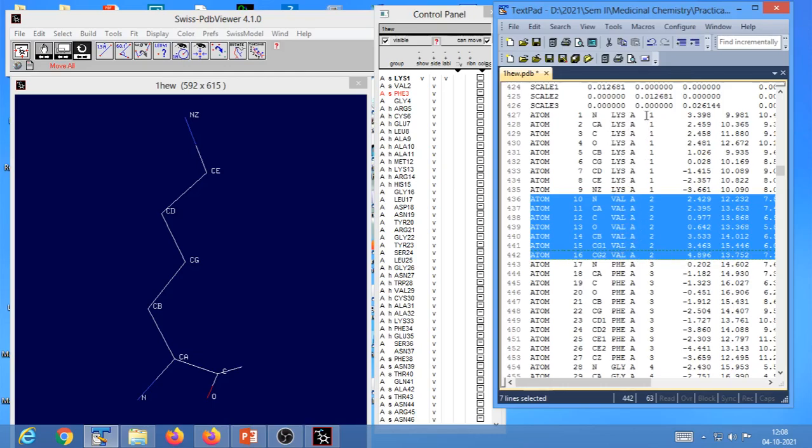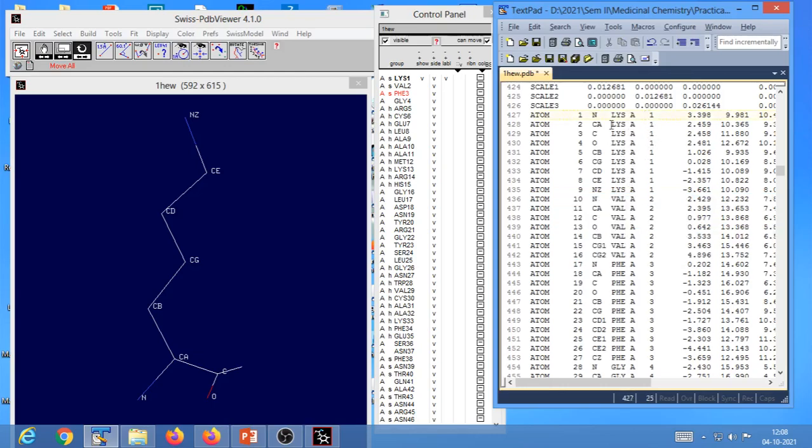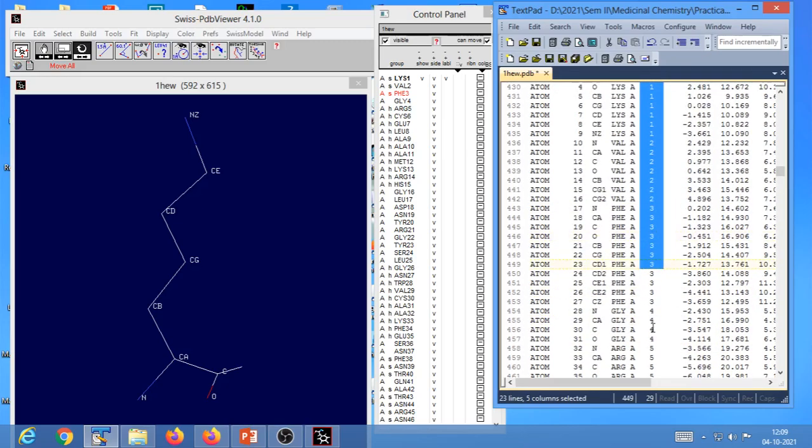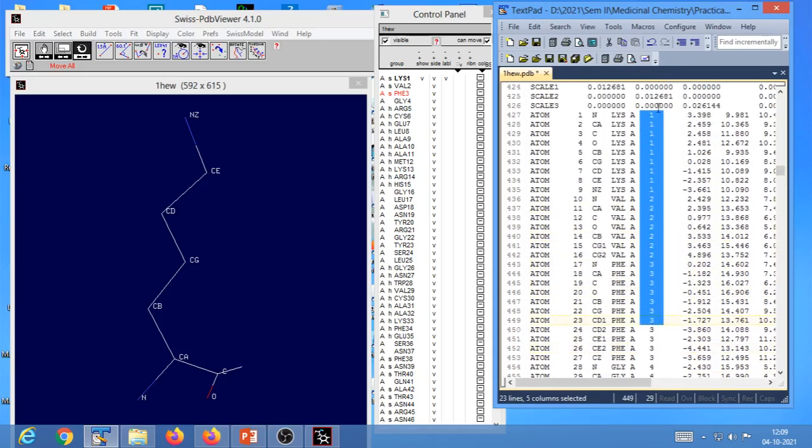This particular column will tell you the number of that amino acid residue in its primary structure. The lysine at the first position, valine at the second position, phenylalanine at the third position, and so on and so forth.